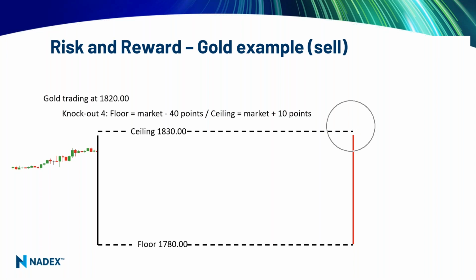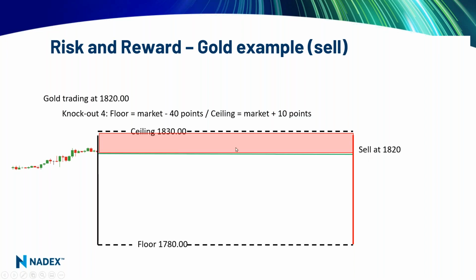All right, knockout number 4, the ceiling was right above the 1820 level. My red zone by selling is if it goes up, my green is down below. So you can see how you would probably choose knockout number 3 or knockout number 4 for going short when selling. Because if you chose knockout number 3, your red would be a little bit bigger and your green would be a little bit smaller.